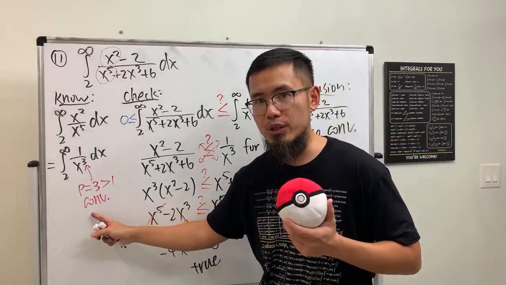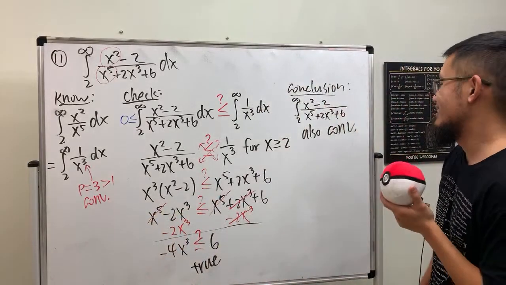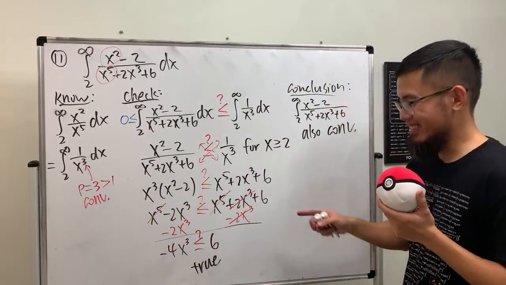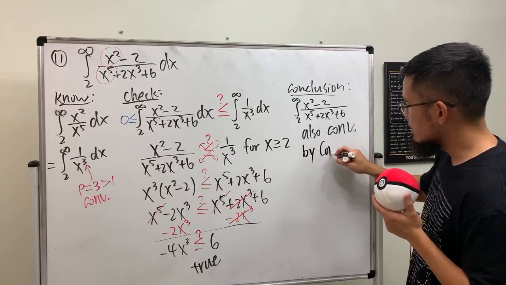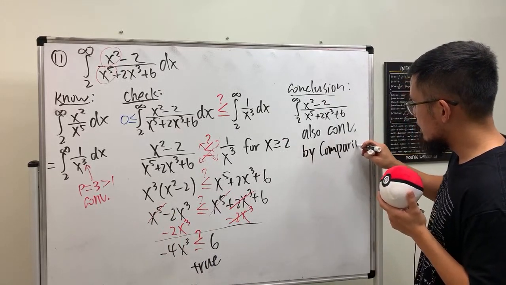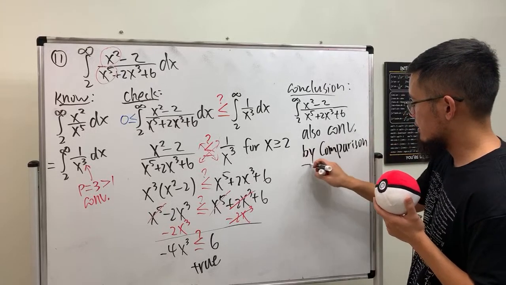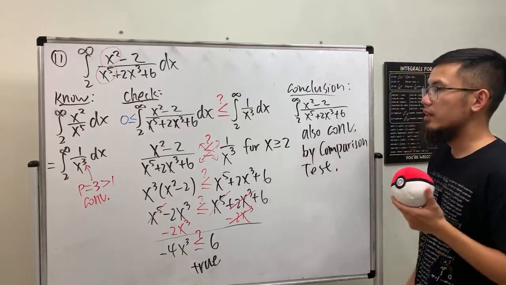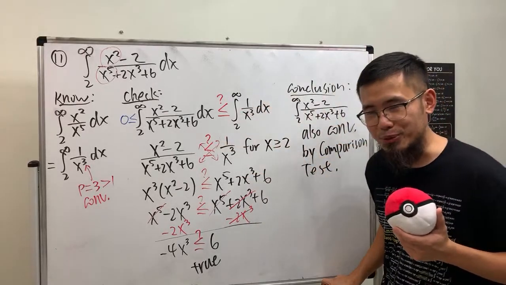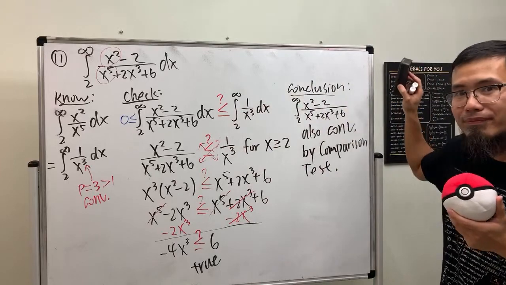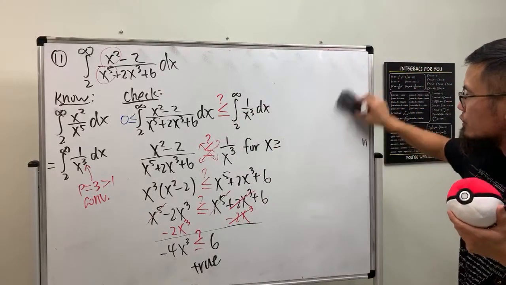Because remember, we can only use convergent to show convergent. So also converges, it checks. Also converges by the comparison test. Right? So that's it. What you know, and do the check, and then draw the conclusion. All right. Good, huh? Now, 2 more questions.